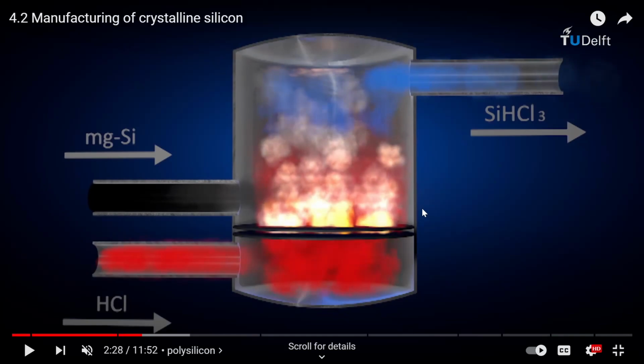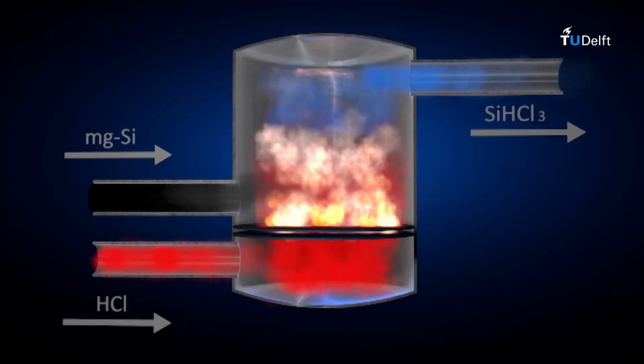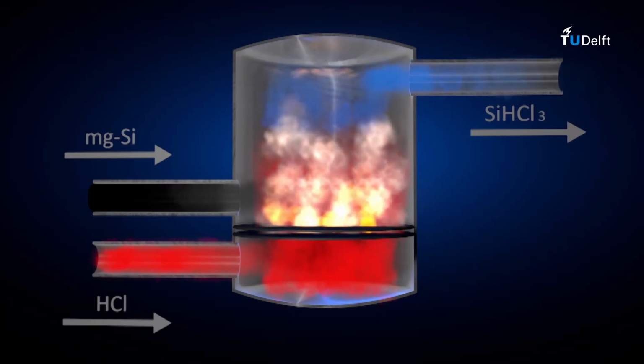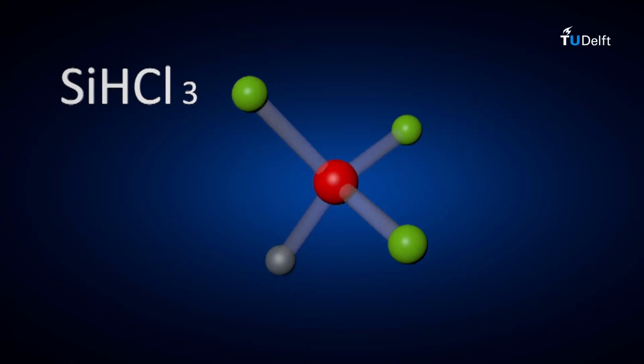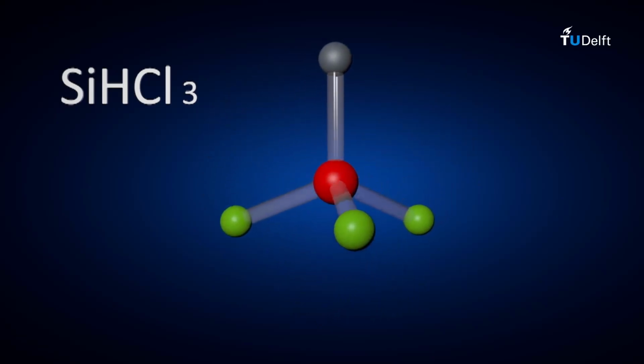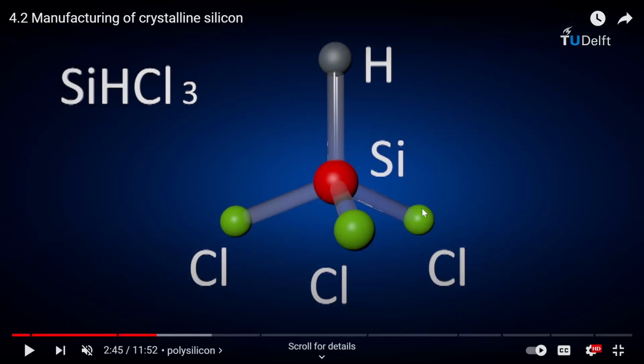You can see those equations and understand. Now this is SiHCl3, a complex structure, with three Cl bonds and one hydrogen with the silicon.